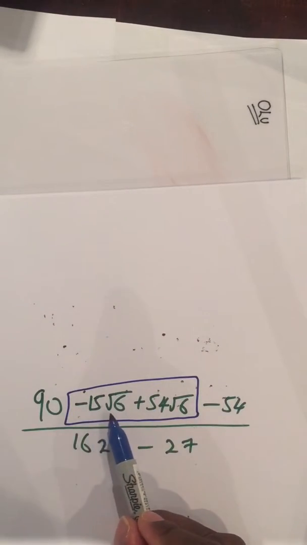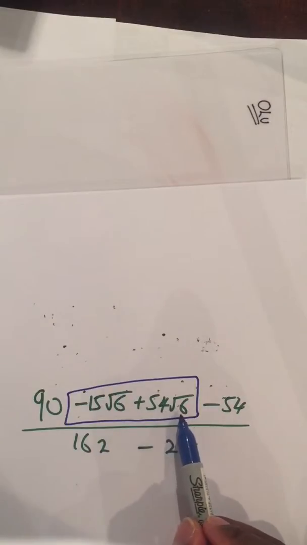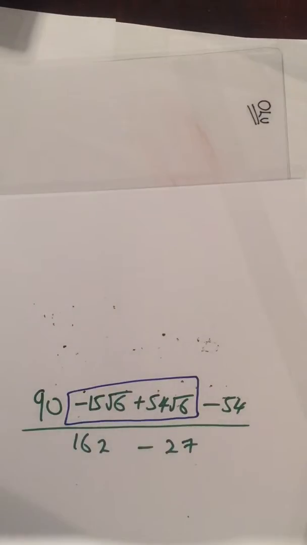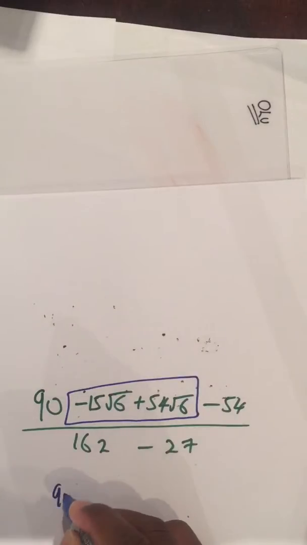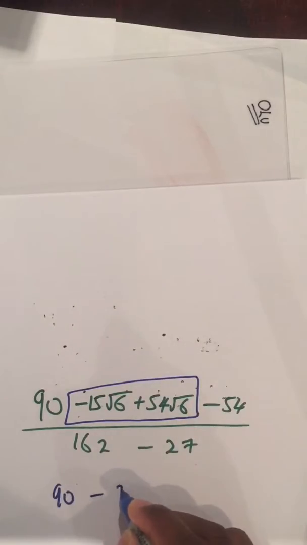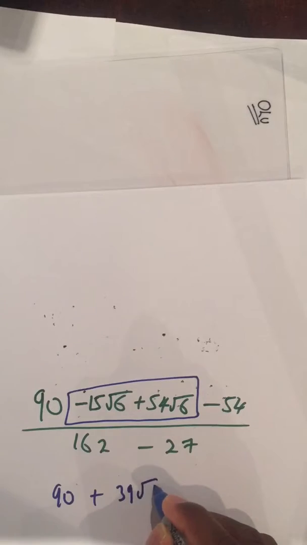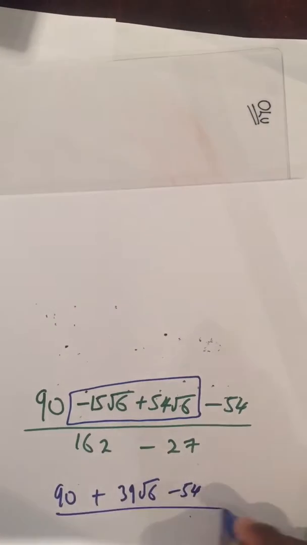But of course, I'm sure you remember that these two can go together. So when you have negative 15x plus 54x, what does that simplify to? It's just 54 minus 15, and that's 39 root 6. So you have 90 minus 30, plus 39 root 6 minus 54, over 162 minus 27, which is 135.